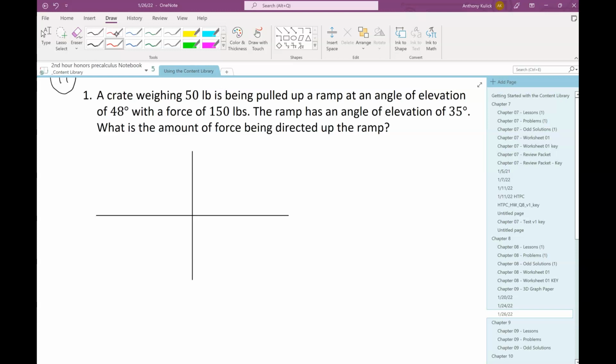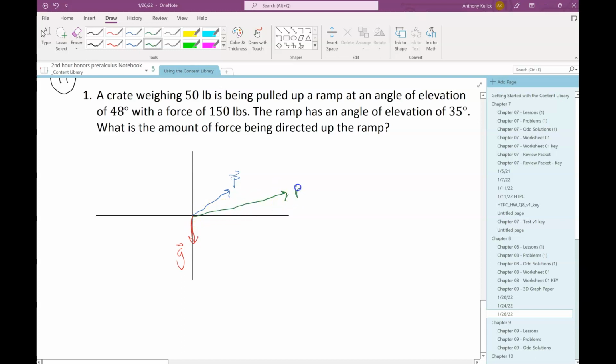So just to draw those in, here's my vector for the gravity on the crate. I'll call that G. This is the vector pulling on the crate. I'll call that vector P. And then we have the ramp itself.